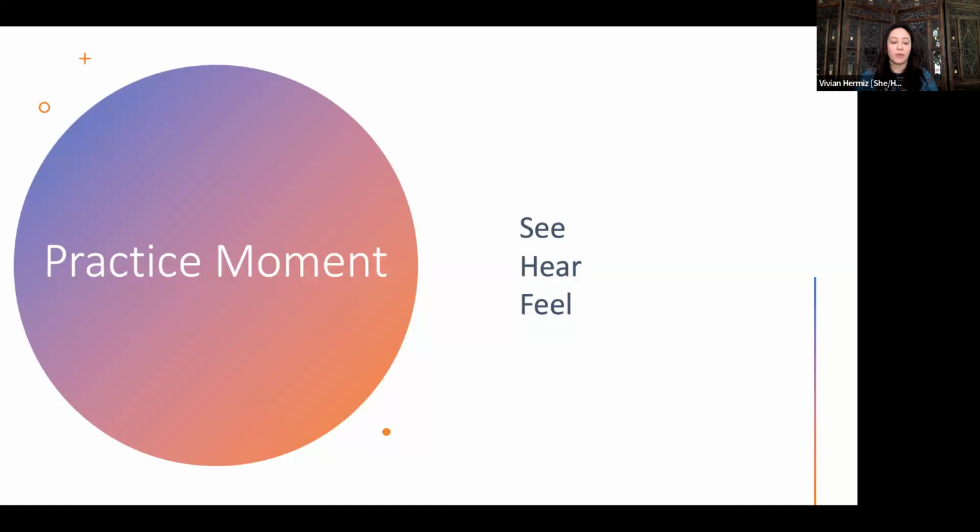And now taking a moment to move that hearing into hearing in, noticing if there are any clear words, sentences, whispers, dialogue that you might be experiencing in your mind.